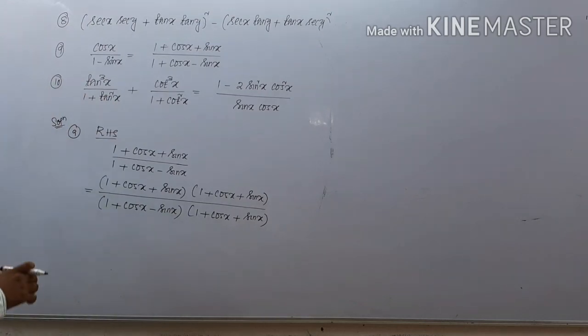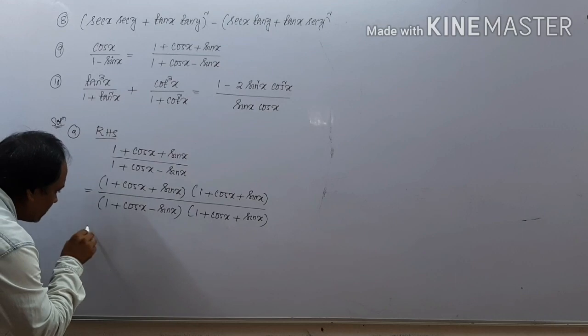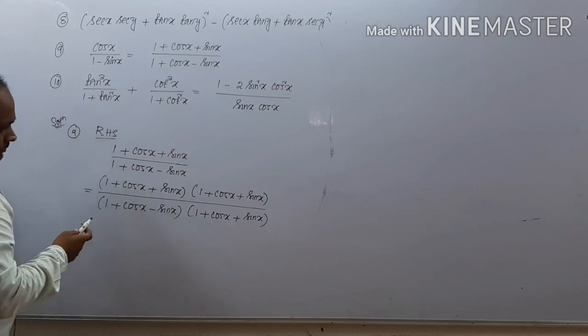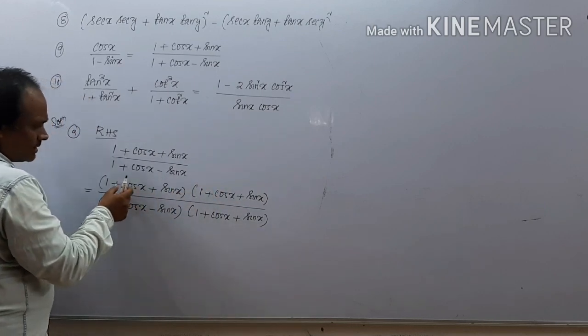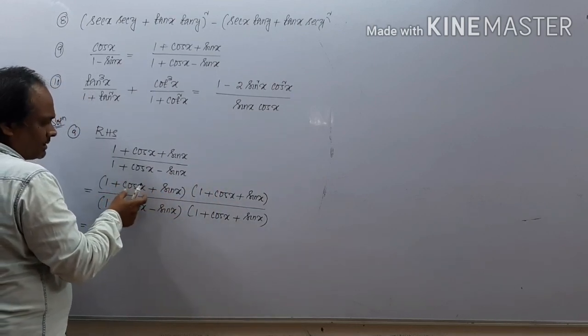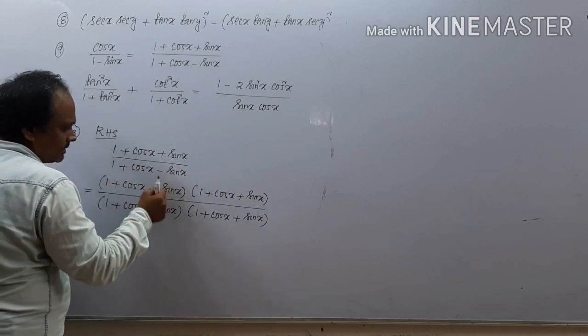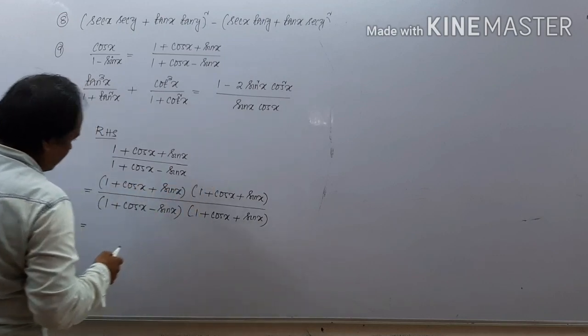So now we will multiply this one. Clearly we will multiply directly, otherwise you can take this as 1 plus cos x plus sin x whole square, where this will be taken as a and this will be taken as b, right? Otherwise directly we can multiply, right?